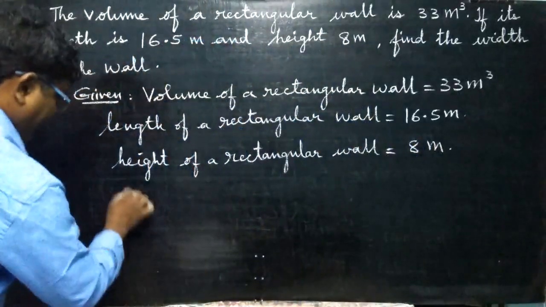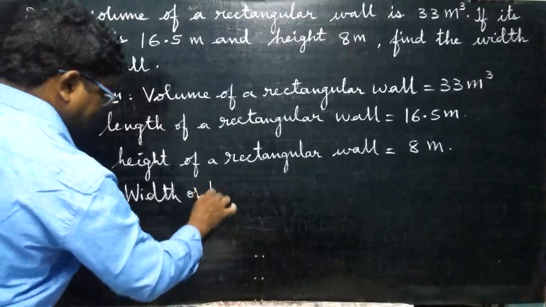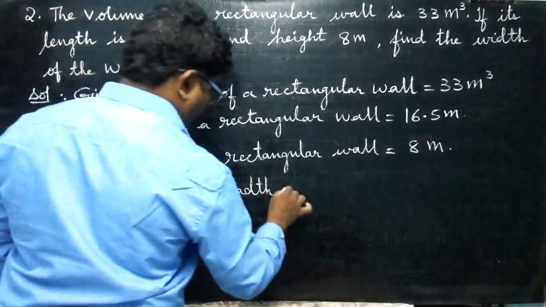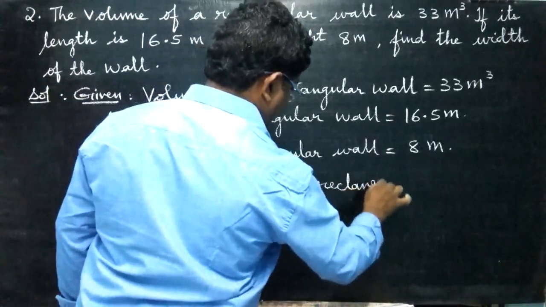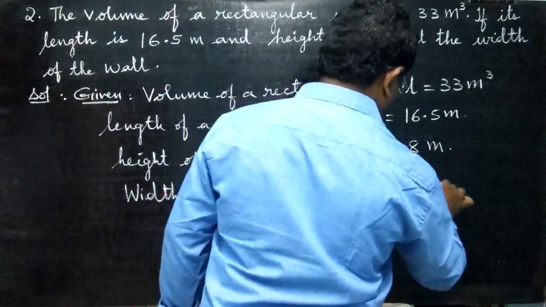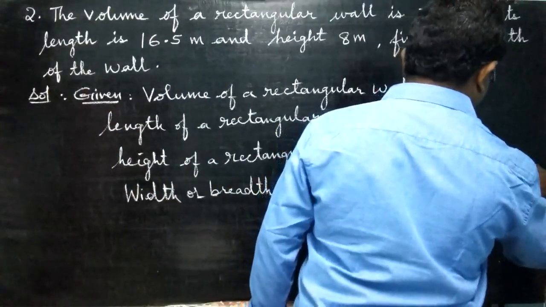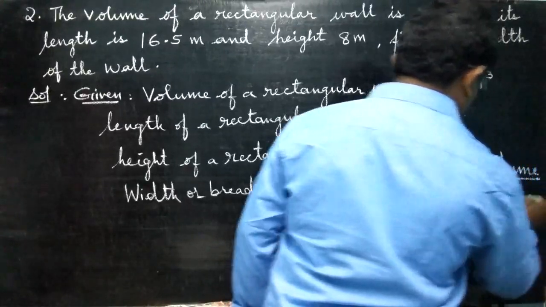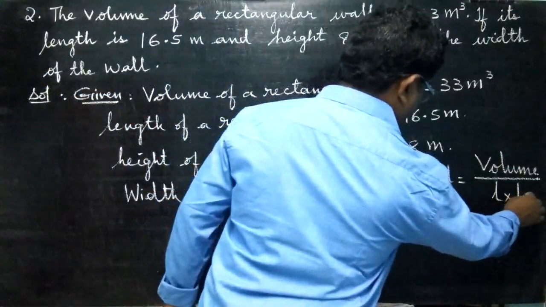Now they are asking to find width. Width or breadth, both mean the same. Width or breadth of the rectangular wall is equal to volume by, just now we have learned, length into height.